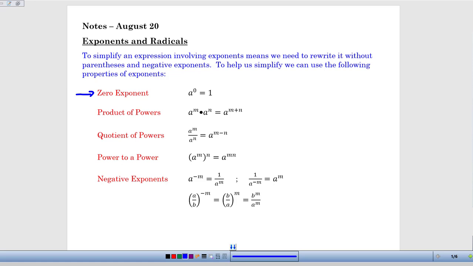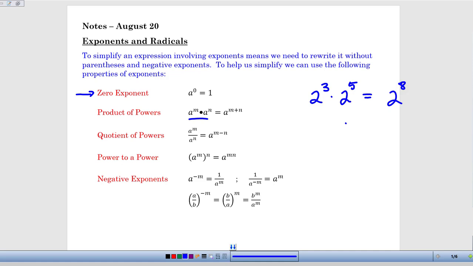When we're multiplying like bases, if we have some number being raised to an exponent times that same number being raised to an exponent, then we can just add those exponents. So if I have, let's say, 2 to the 3rd times 2 to the 5th, then my base is going to stay the same. It's still going to be 2, but I'm just going to add those exponents. 3 plus 5 makes 8.